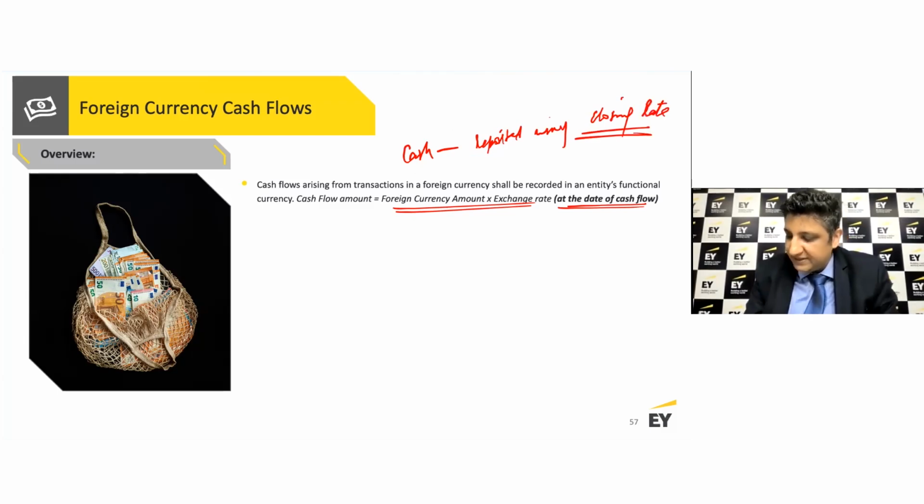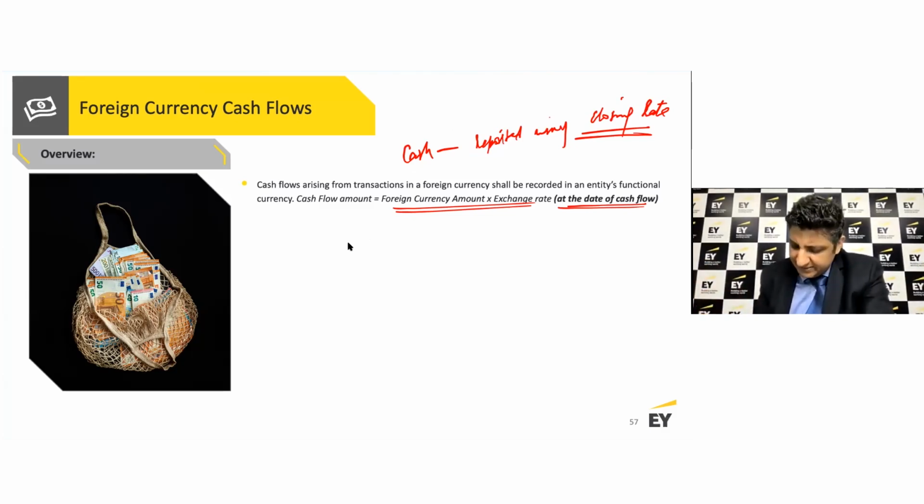If there are two different currencies, on the reporting date the other currency has to be converted into, let's say, INR at the closing rate. So there is no movement, but the value will change. So how do we report that part?